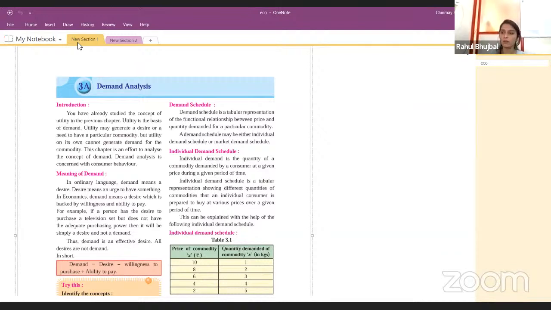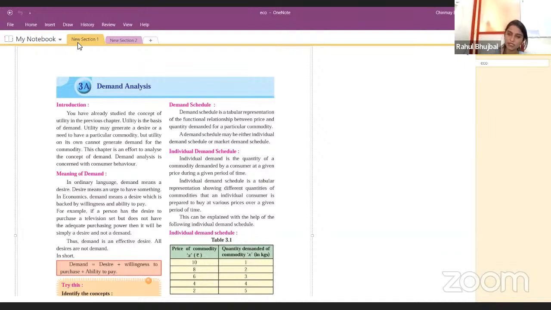Market demand schedule is a tabular representation of quantity demanded by all the consumers at a particular price and for a given period of time.